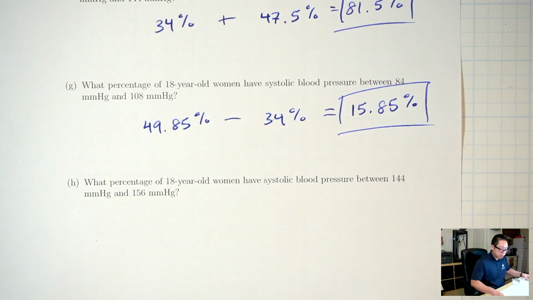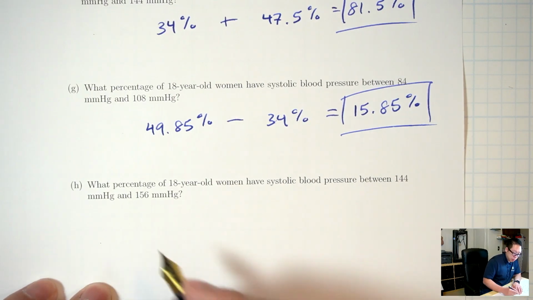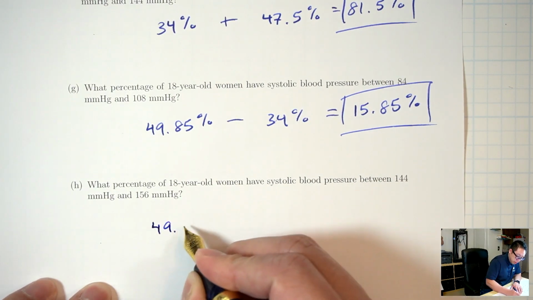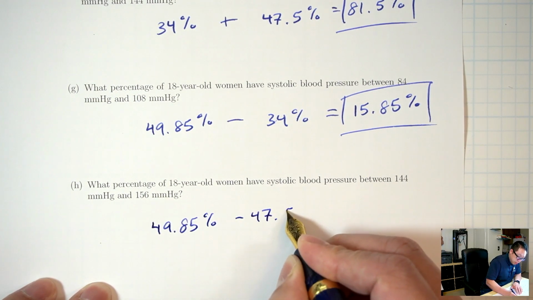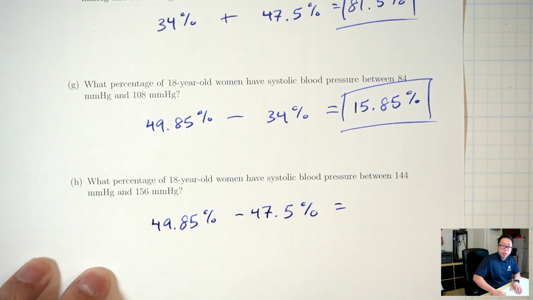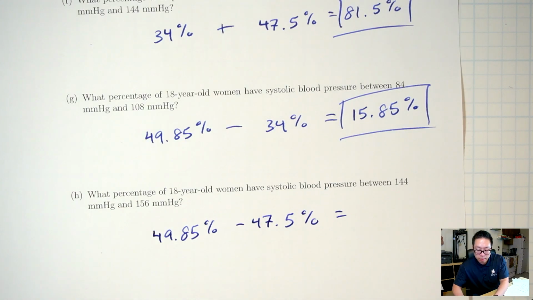We should put the bigger number first. So 49.85 minus 47.5 is 2.35.